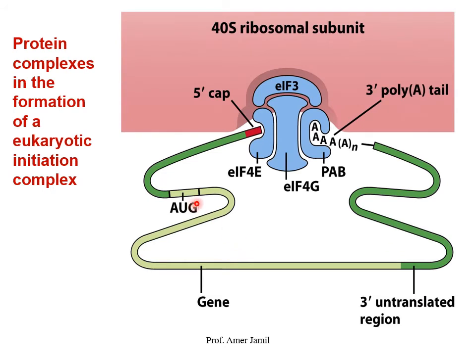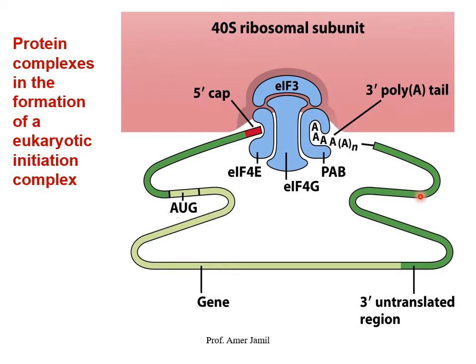Whereas in eukaryotes, the 5' cap and 3' poly A tail play this important role of placing this AUG at a proper place. These regions are called UTRs, untranslated regions. Whether in prokaryotes or eukaryotes, the region which is not translated is called UTR.